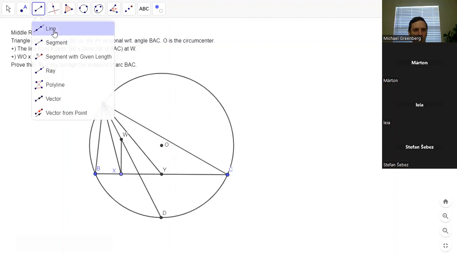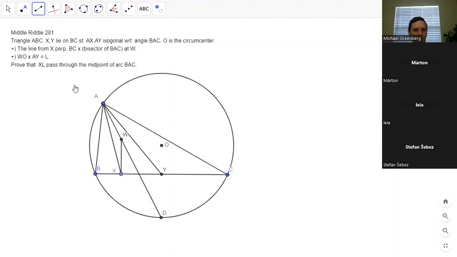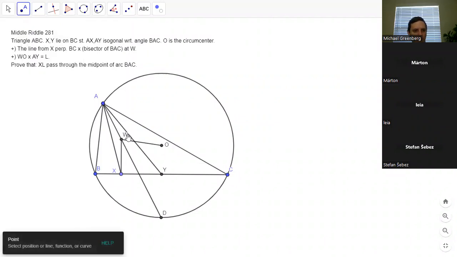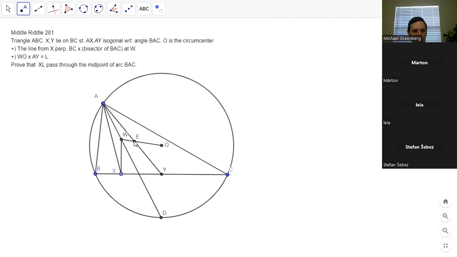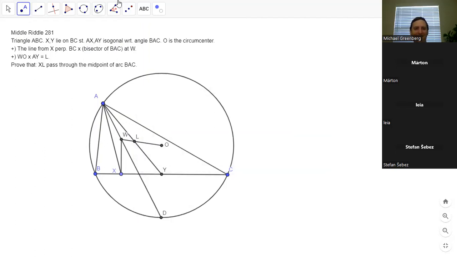WO intersects AY at L. That does make the diagram look a lot easier. This diagram does look way easier, doesn't it?